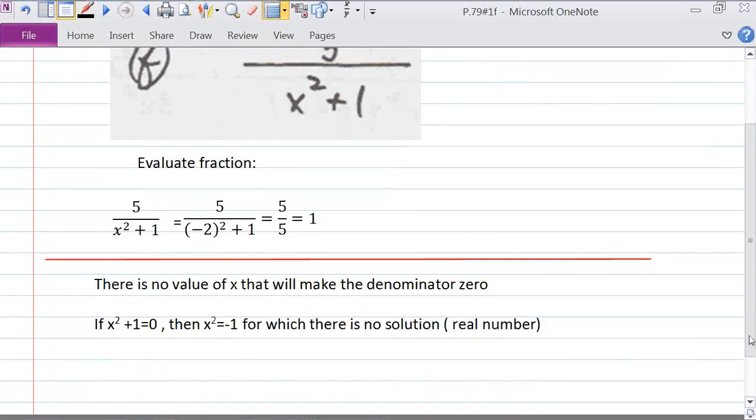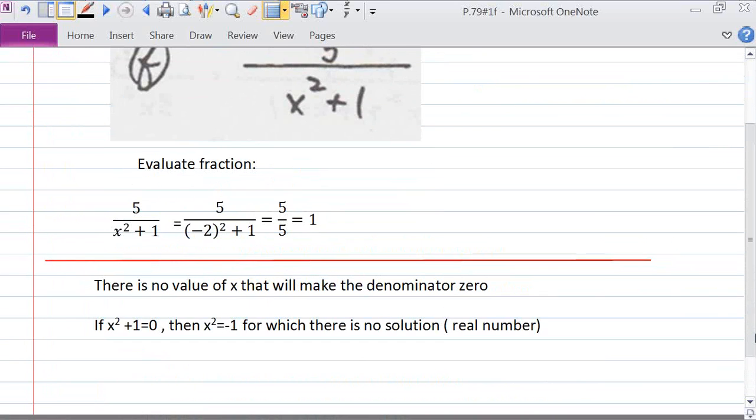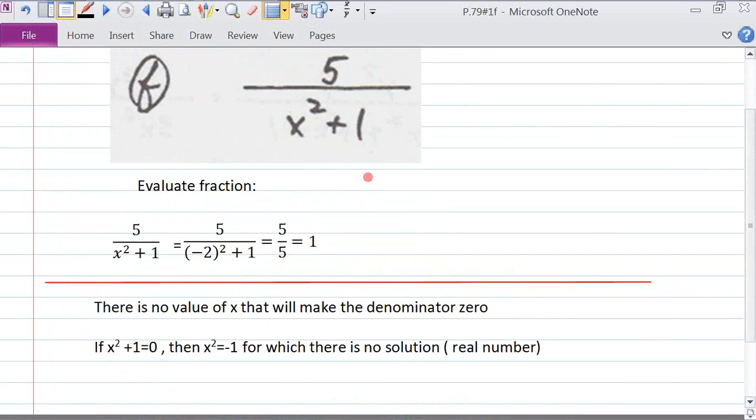Now, as far as the second part of the problem is concerned, for what values of x is this fraction undefined? In order for this to be undefined, x squared plus 1 has to equal 0. But we can't solve this. If x squared equals minus 1, there's no solution for that.